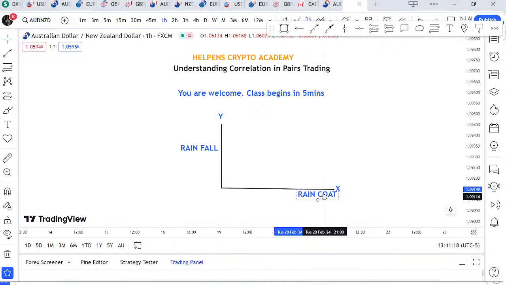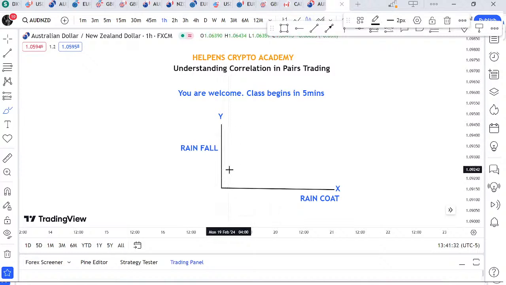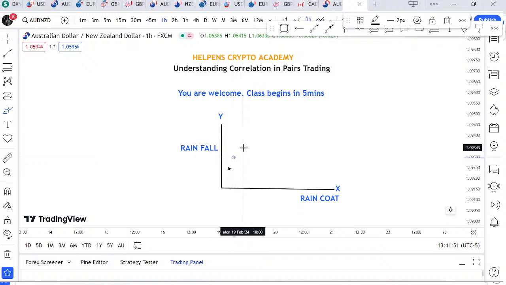So with correlation, you are comparing these two factors. Let's assume that the number of people that bought raincoats increases as rain keeps increasing. In January we have this, in February rain increases, in March rain increases, and so on.